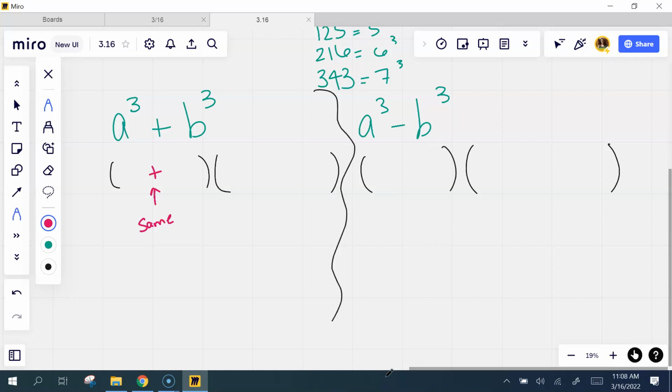For the difference, it would be minus. Change it for the second sign here. The same change. So this one would be what? Minus. And this one would be plus. And your last sign every single time is always plus no matter what. Same change plus.